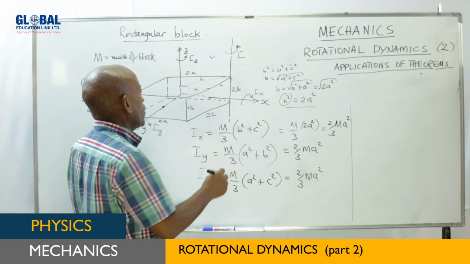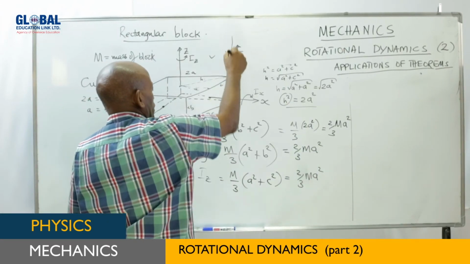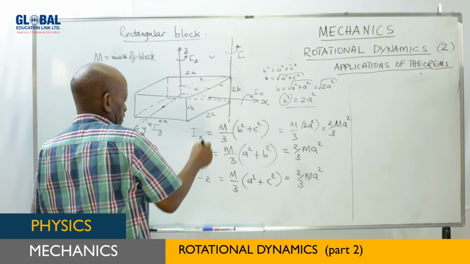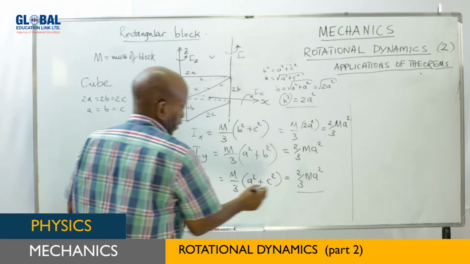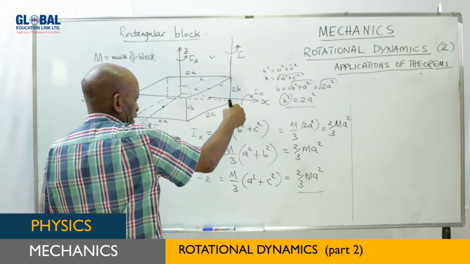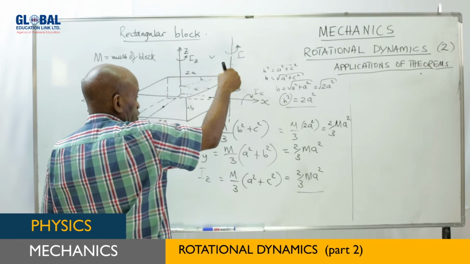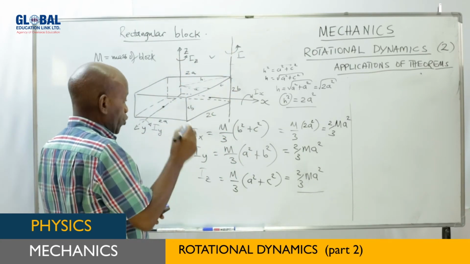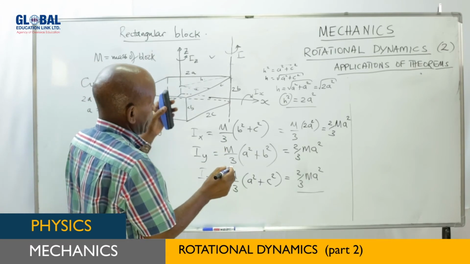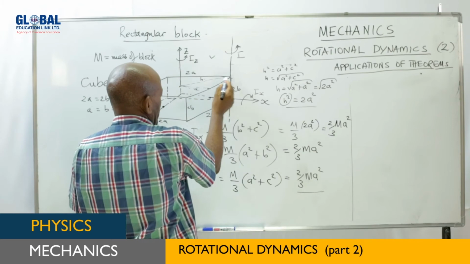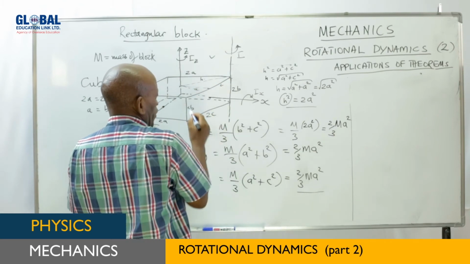Okay, so whenever we are looking at the moment of inertia through this particular axis, as long as we know the moment of inertia through the z-axis, which is equal to this much, if I'm talking about a cube, then I can find the moment of inertia about this axis, which is passing at one corner of that particular rectangular block or cube. So if I'm still considering this to be a cube, then I need to know the distance that separates the two axes, which is equal to h.